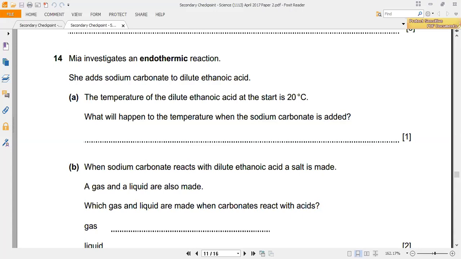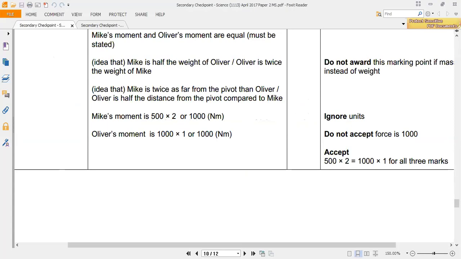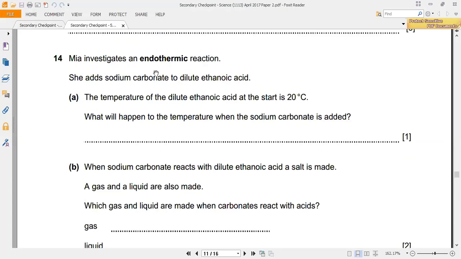Of course, with dilute hydrochloric acid or any acid with a carbonate, the carbonate will react. The carbonate plus the acid will give you a salt, carbon dioxide plus water. Look here, the answer.